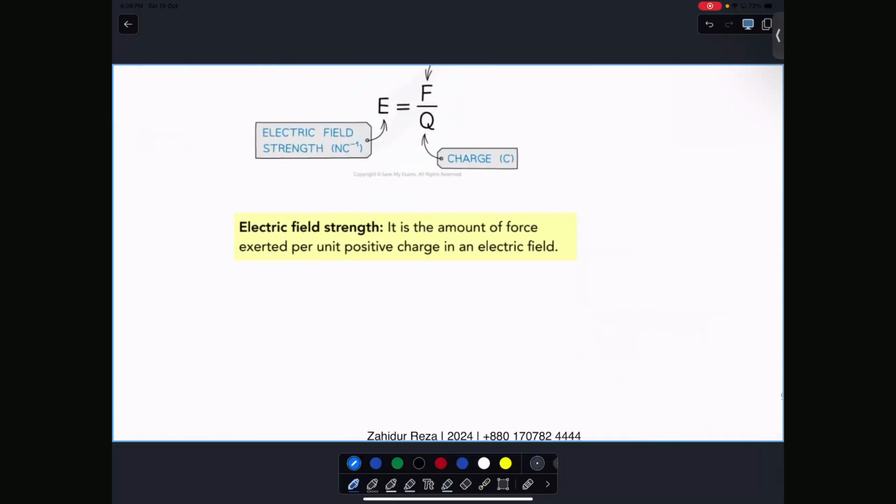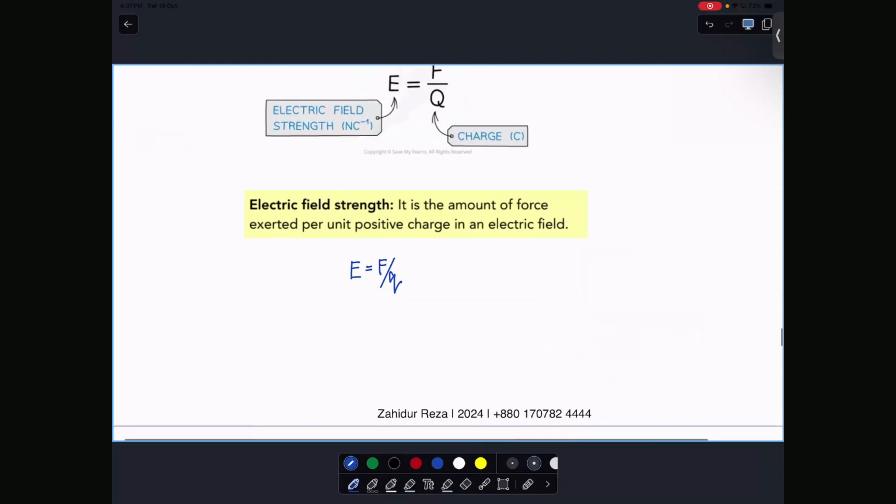Once again, E equals F divided by Q. Capital Q, small q doesn't really make a difference. Here E is electric field strength. What's the unit for electric field strength? Newton per coulomb. F is newton, Q is coulomb. Very straightforward.